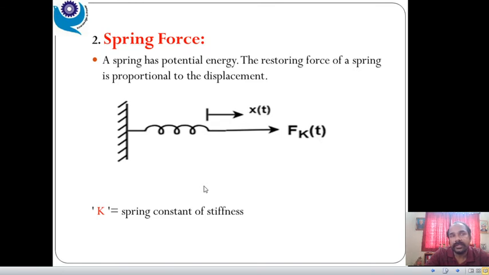Or take the example of a rubber, which is like a spring, because when we stretch it and then leave it, that rubber can regain its original size and shape. Means it stores potential energy. It acts like a spring, the same as a conveyor belt due to its elasticity, or rubber, or an actual spring in a mechanical system. It has the same phenomena, right? So k is the constant.